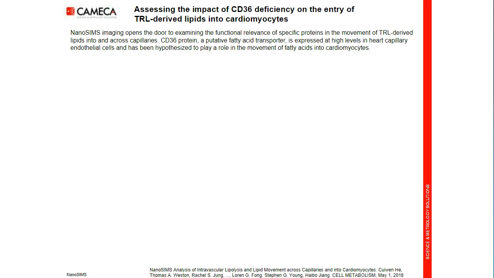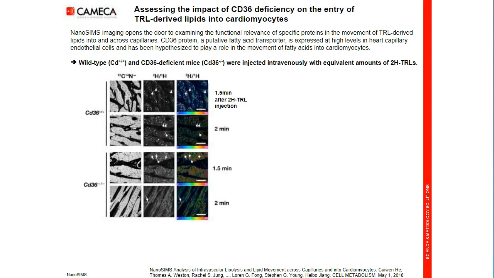So this will be tested in this part of the experiment. Wild type and CD36 deficient mice were injected intravenously with equivalent amount of deuterium TRLs, and we display the images recorded 1.5 and 2 minutes after the injection. So above the wild type and below the 2 rows of deficient mice.